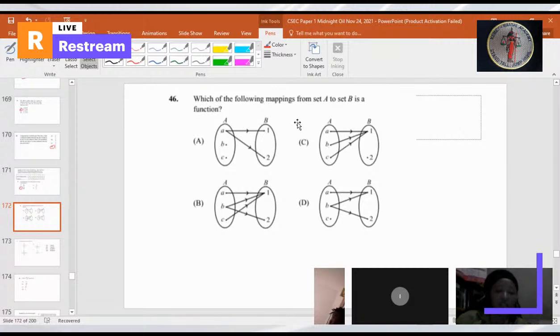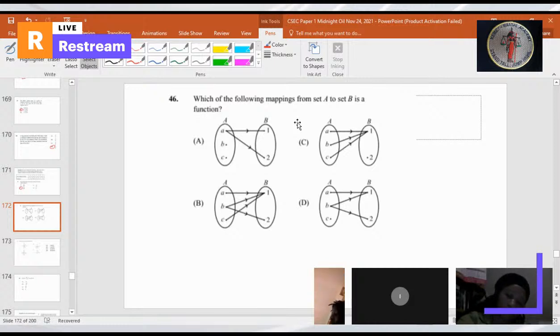Okay. 46. Which of the following mappings from set A to set B is a function? Which of those is a function? How do we know when a mapping shows a function?